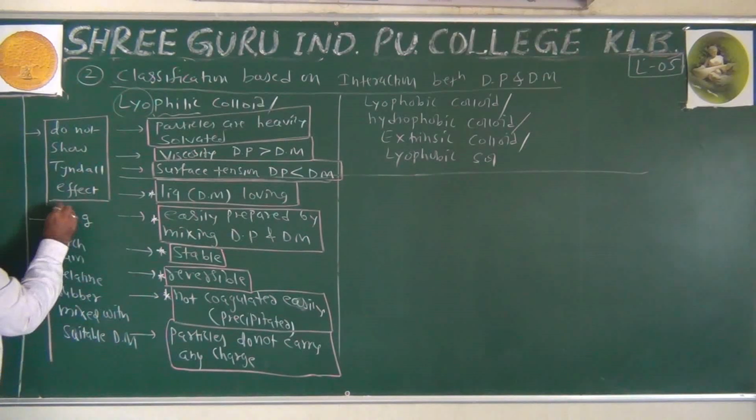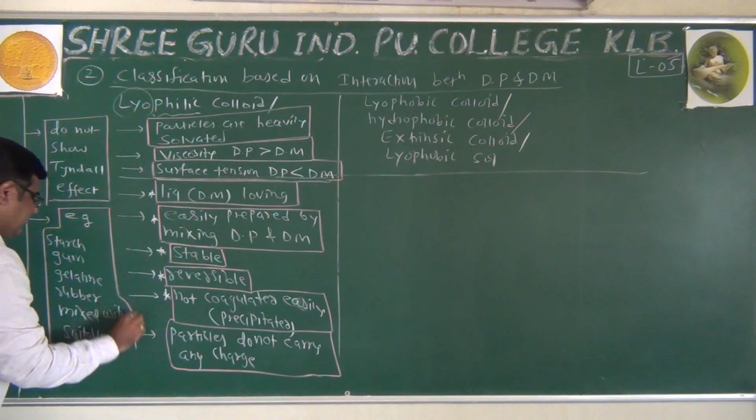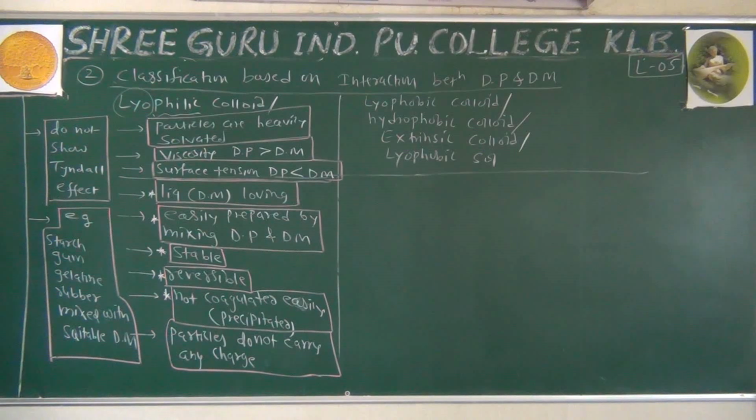And the example is starch, gum, gelatin, rubber mixed with a suitable dispersion medium. Now, a question can be asked separately: write the characteristics of lyophilic colloid, or they can ask distinguish between lyophilic and lyophobic.